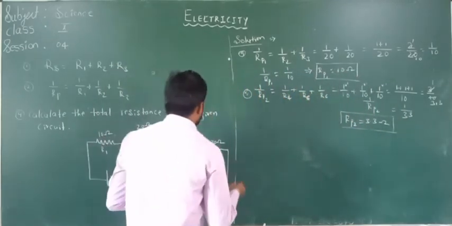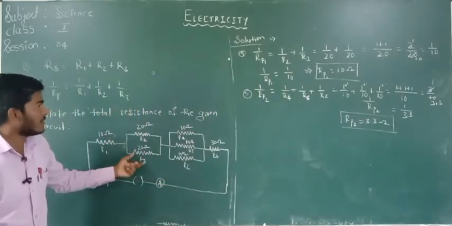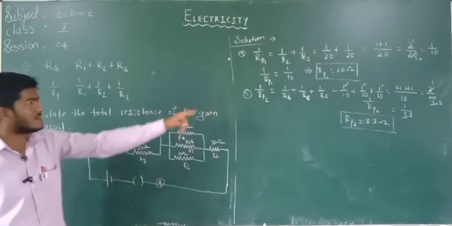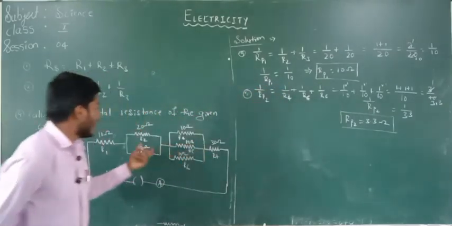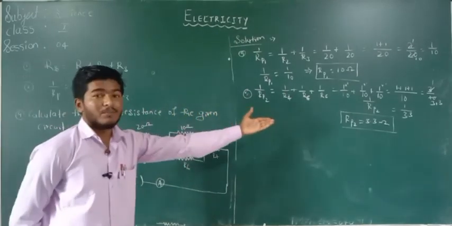Next, now we are going to replace R2 and R3 by equivalent resistance 10 ohms, and also R4, R5 and R6 by equivalent resistance 3.3 ohm.